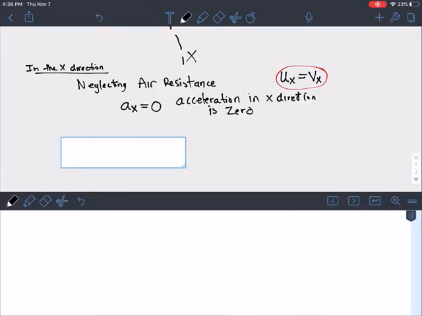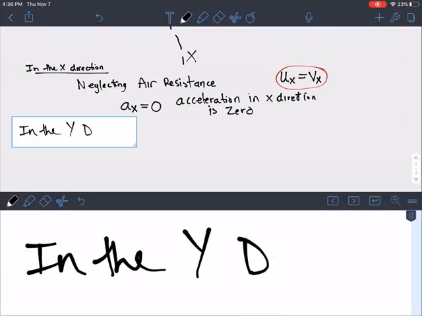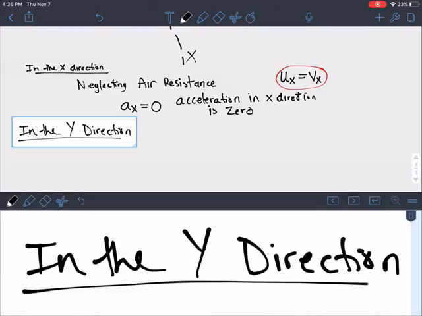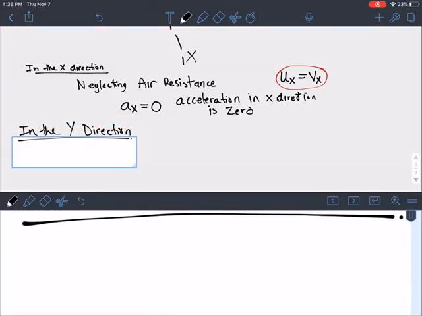Now, for the Y direction, so vertically, up and down, we know that gravity causes objects to fall. And we've noticed on Earth that gravity is constant.